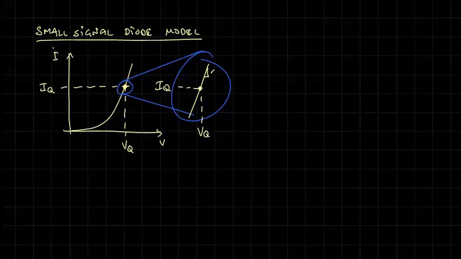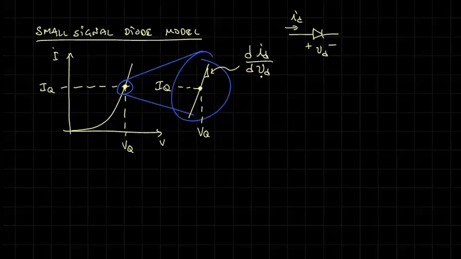The slope of this line is dID, the current through the diode with respect to the diode voltage.